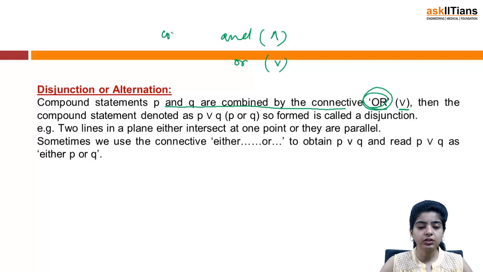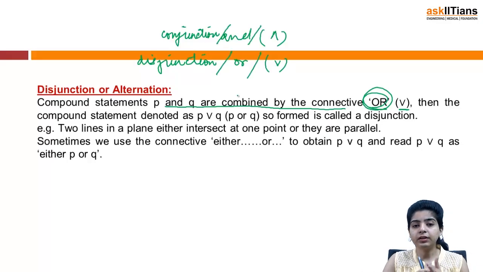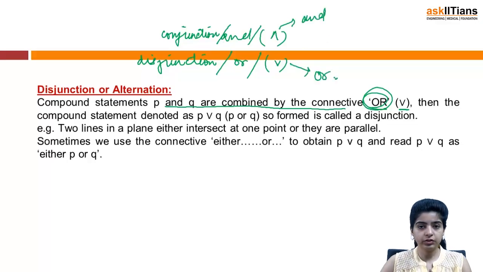This is conjunction and this is disjunction. You need to remember that this sign means AND and this sign means OR. This is important. So disjunction or alternation: compound statements P and Q are combined by the connective OR.